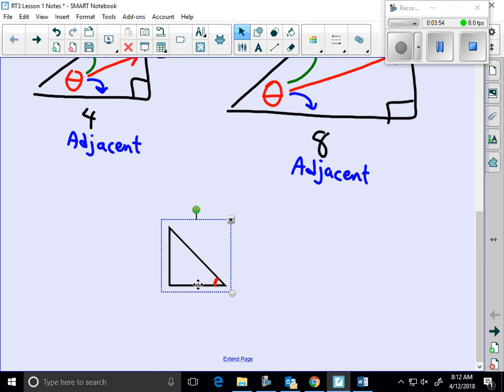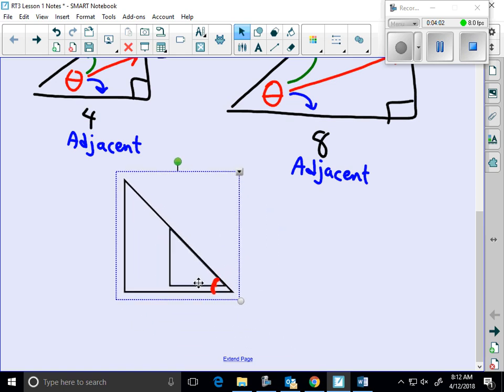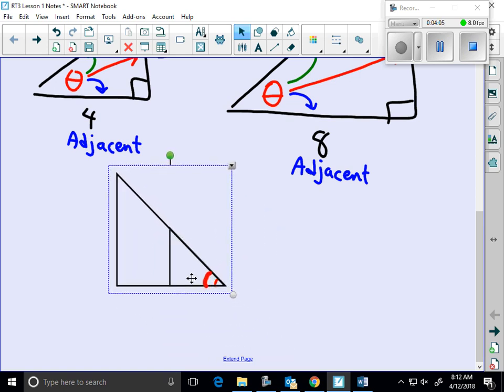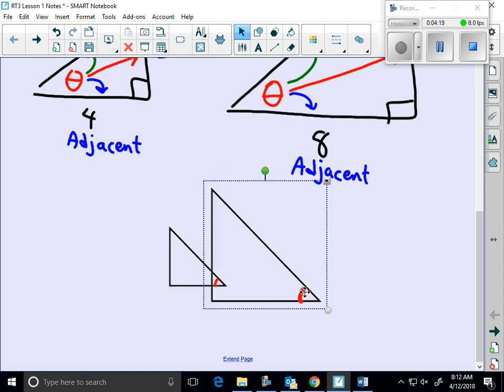Do you think that angle would change in size? The ratio of the sides stayed the same, right? They got larger, but proportionally, right? The angle didn't change. So if 2 triangles are similar, their angles have not changed at all. So the angles are the same.